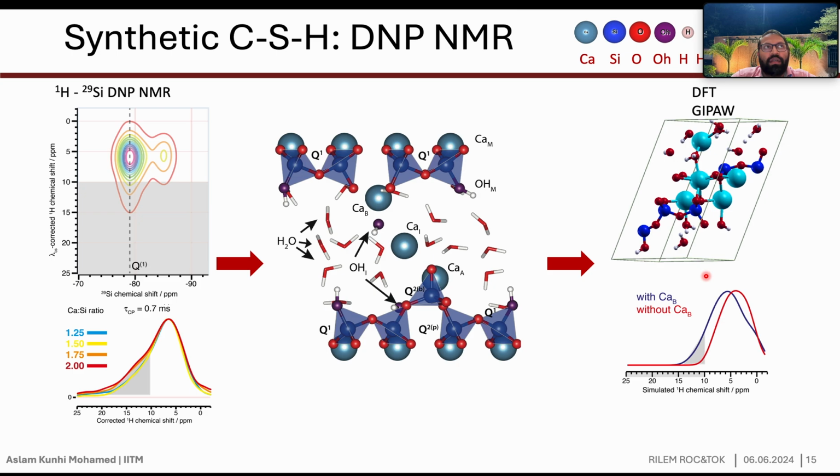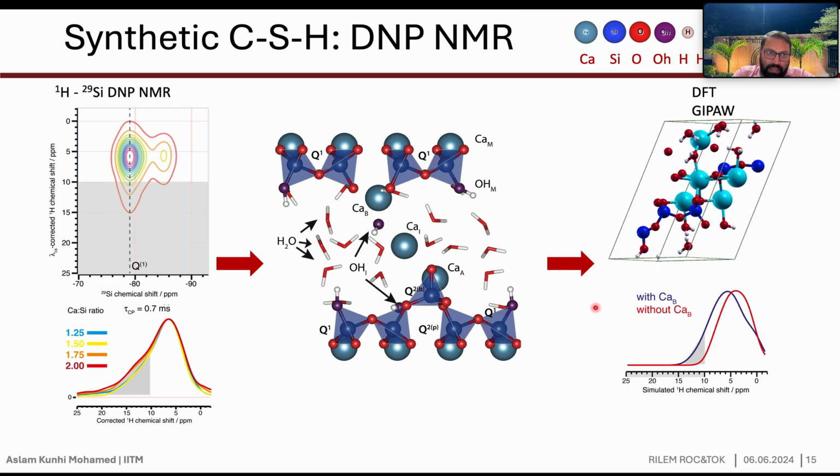Since we had this brick model, and with collaborators we were able to synthesize high calcium silicon ratio CSH, using experimental and simulation techniques, we were able to explore the different intricate features within the CSH.